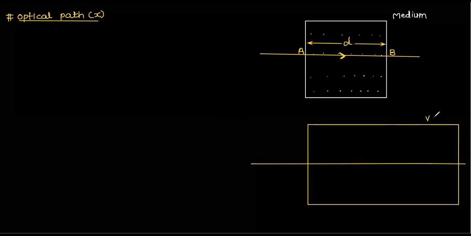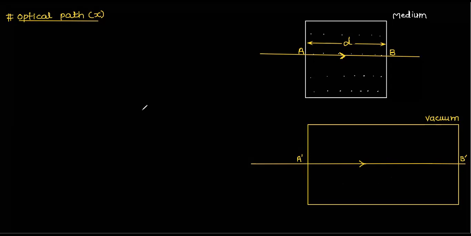Let us suppose this point is A dash and this point is B dash. This distance light has traveled in a vacuum. A dash B dash is the distance traveled by light in a vacuum. AB is the distance traveled by light in a particular medium.